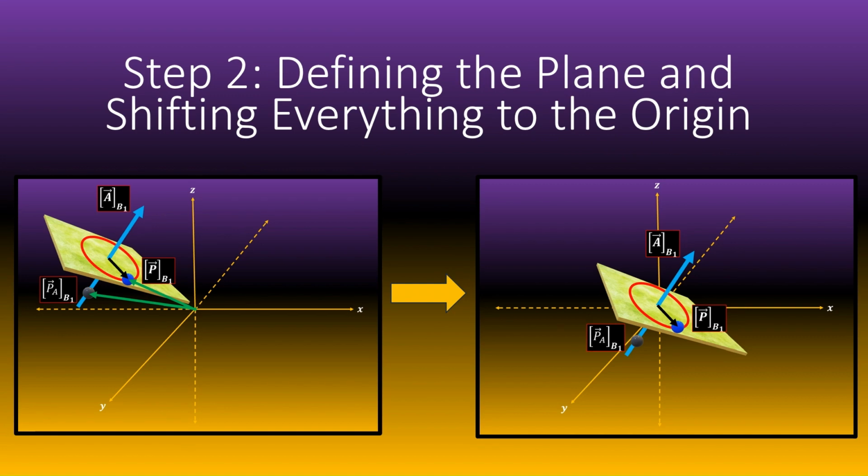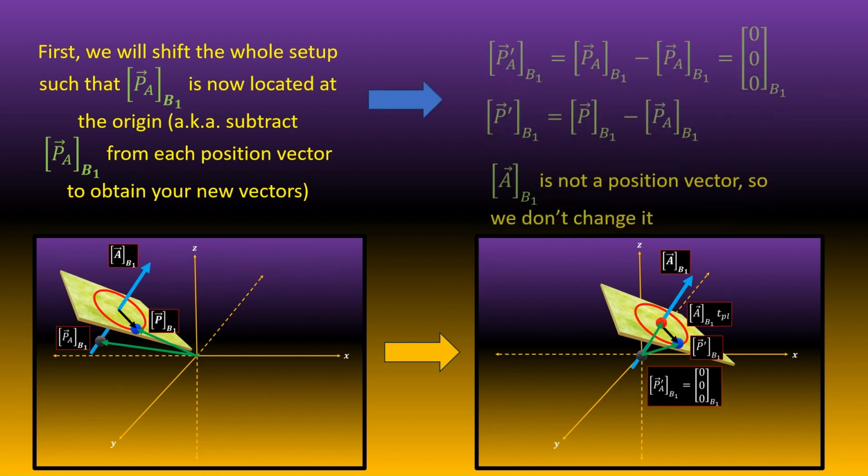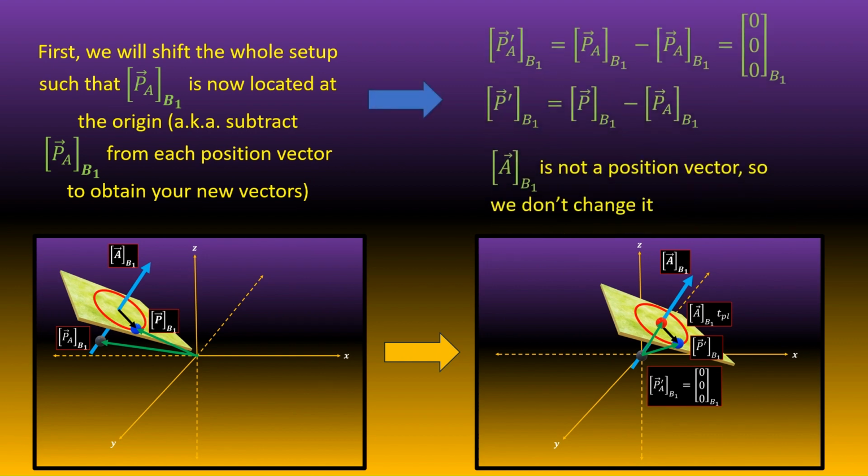Alright, so step 2 in explaining why this thing is so scary is defining the plane that we want to rotate about and shifting everything to the origin. So first, we will shift the whole setup such that P sub A is now located at the origin, aka subtract P sub A from each position vector to obtain your new vectors. And there's a picture of what we're doing, and here we just shift everything by P sub A. Note that we do not shift the axis because it's not a position vector.